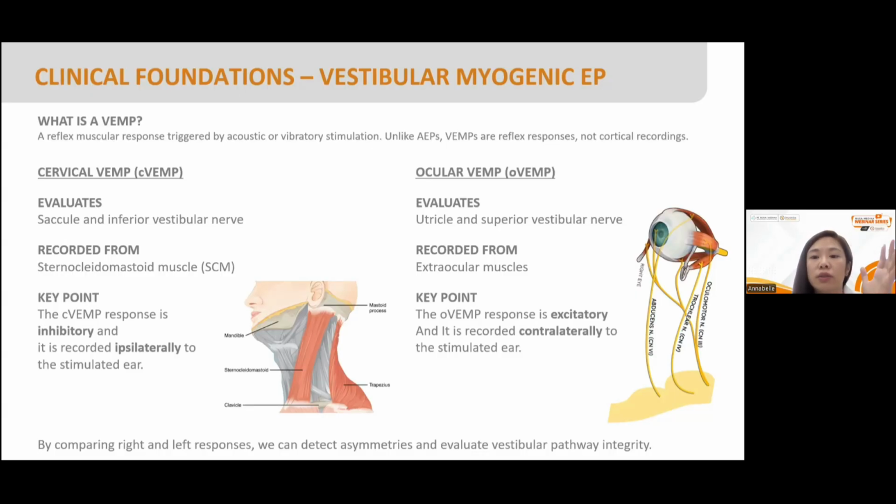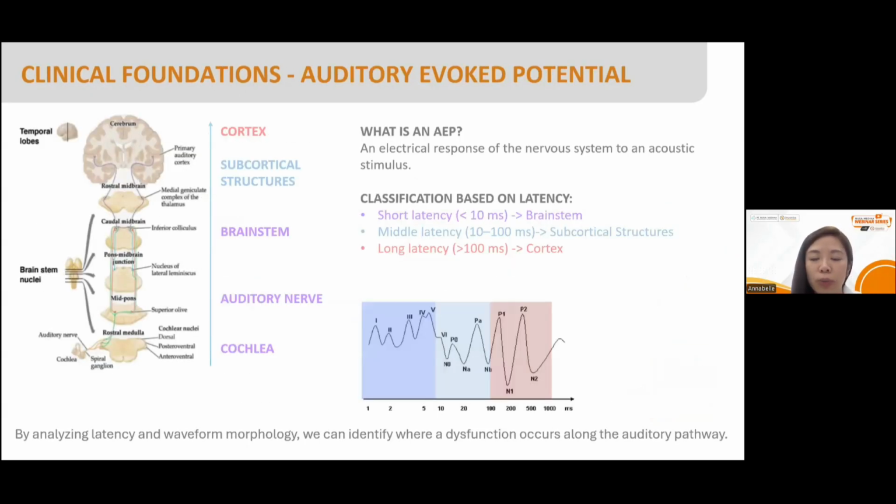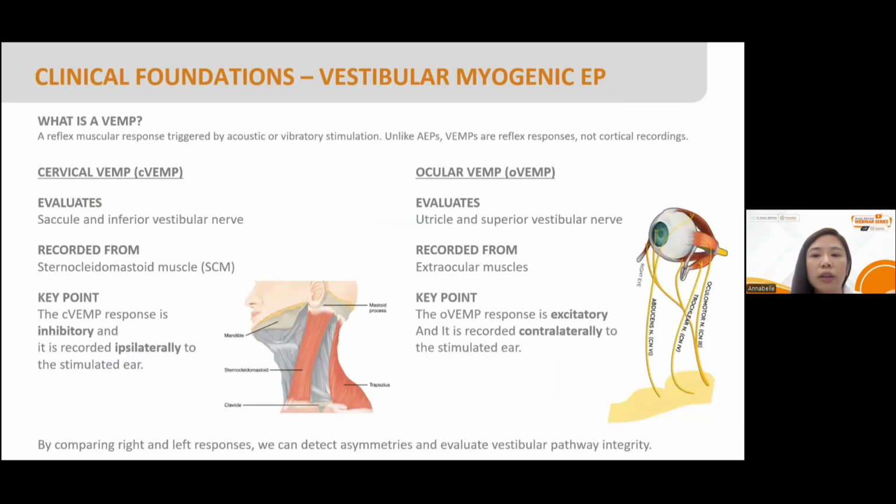So it is more objective. In fact, the auditory evoked potential is also objective, and the VEMP is objective. Compared with pure tone audiometry, pediatric pure tone audiometry, and some speech audiometry, those kind of need more participation of your patient. But for the auditory evoked potential and the VEMP, they are all very objective.